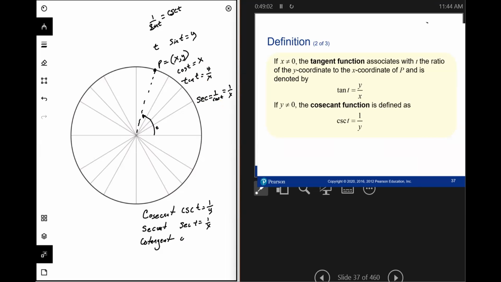It is written as COT, but it's pronounced cotangent. So that's going to be the reciprocal of tangent, which is y over x, and the reciprocal of y over x is x over y. You just flip the fraction. So this is x over y.